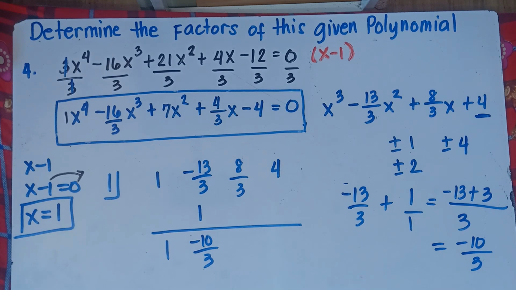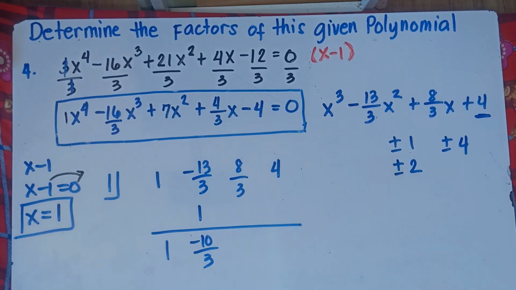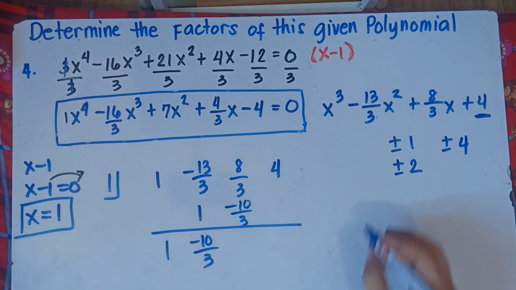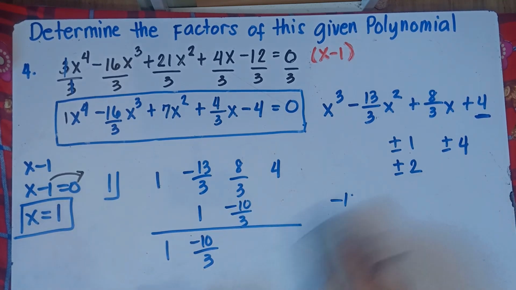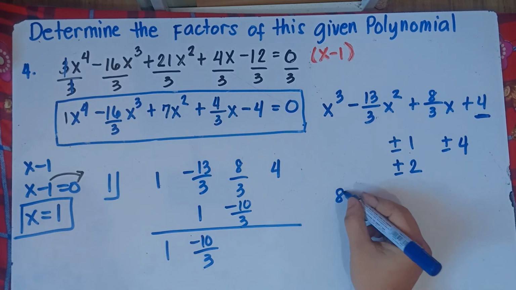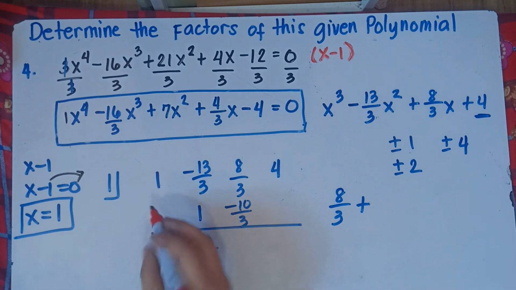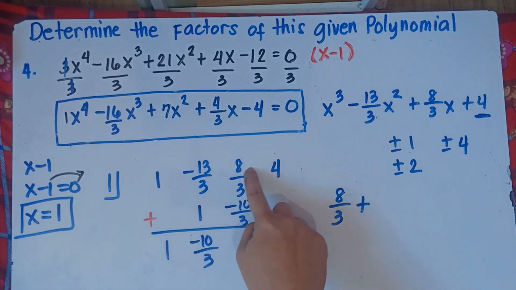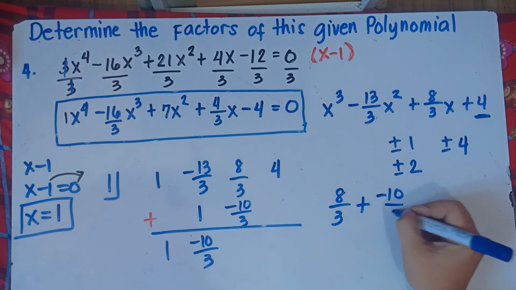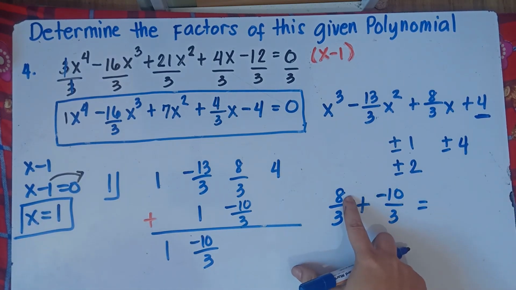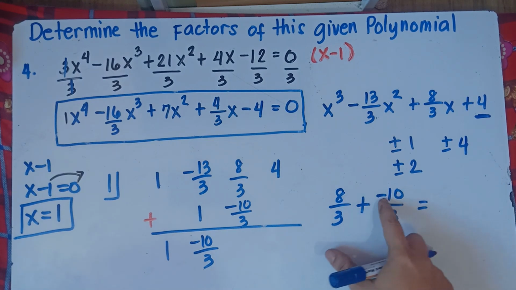Alright, and then you multiply. 1 times negative 10 over 3, that's negative 10 over 3. Then you add 8 over 3 plus negative 10 over 3.